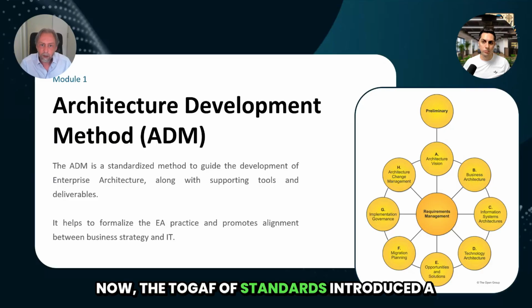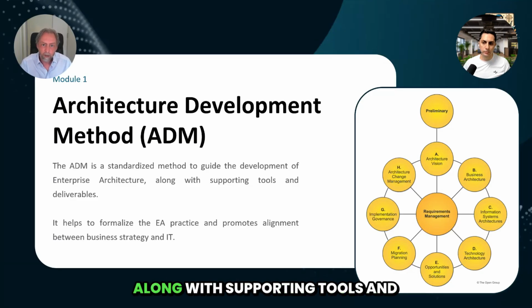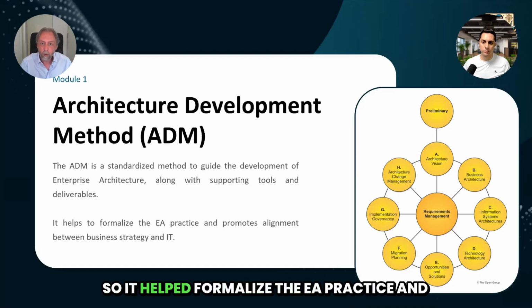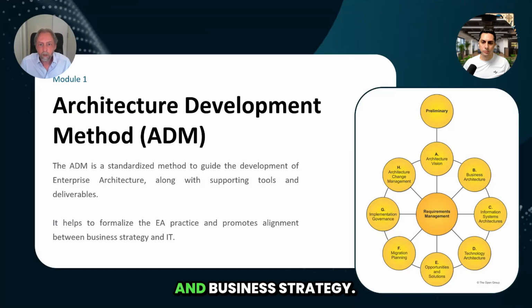Now, the TOGAF standard introduced a standardized method, the ADM, which we can see on the slide here, to guide the development of enterprise architecture, along with supporting tools and deliverables. So it helped formalize the EA practice and promoted actually the alignment between IT and business strategy.